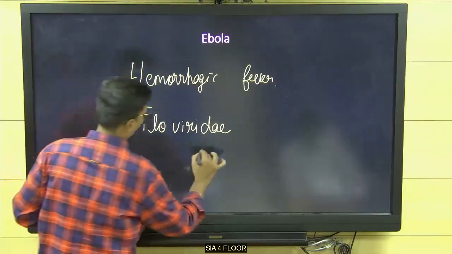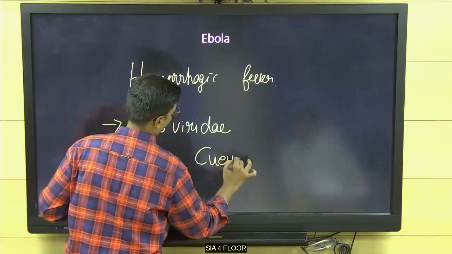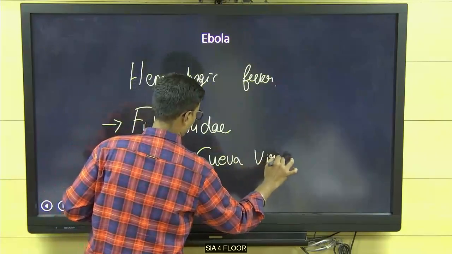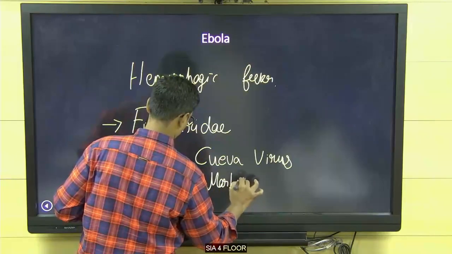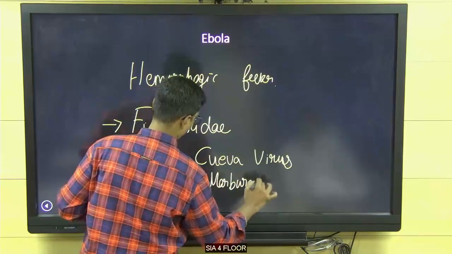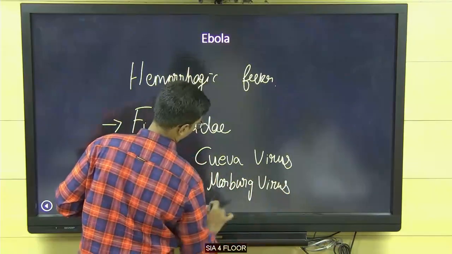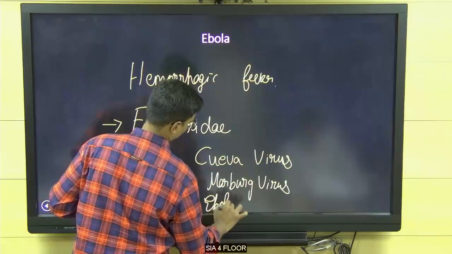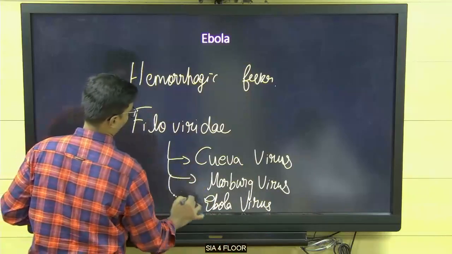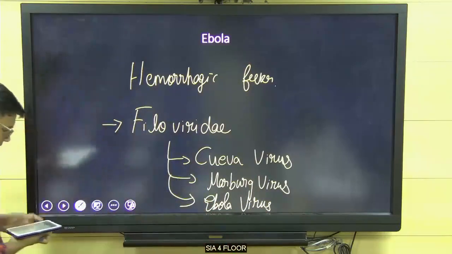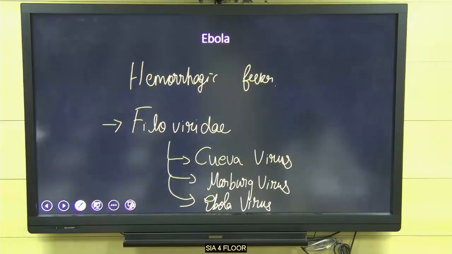You have the Cuba virus, then we have Marburg virus, then we have Ebola virus. All these fall under a single family of infectious viruses, Filoviridae. It's a viral disease. The fatality rate is around 50%.